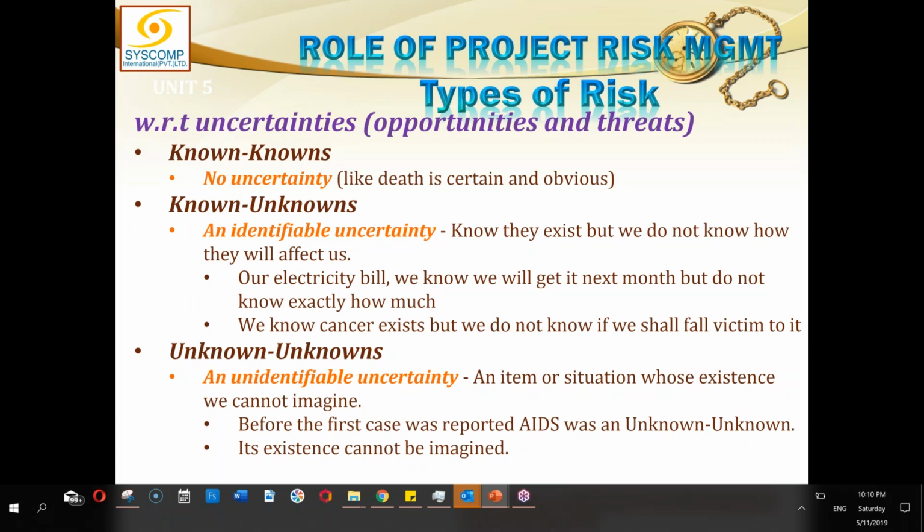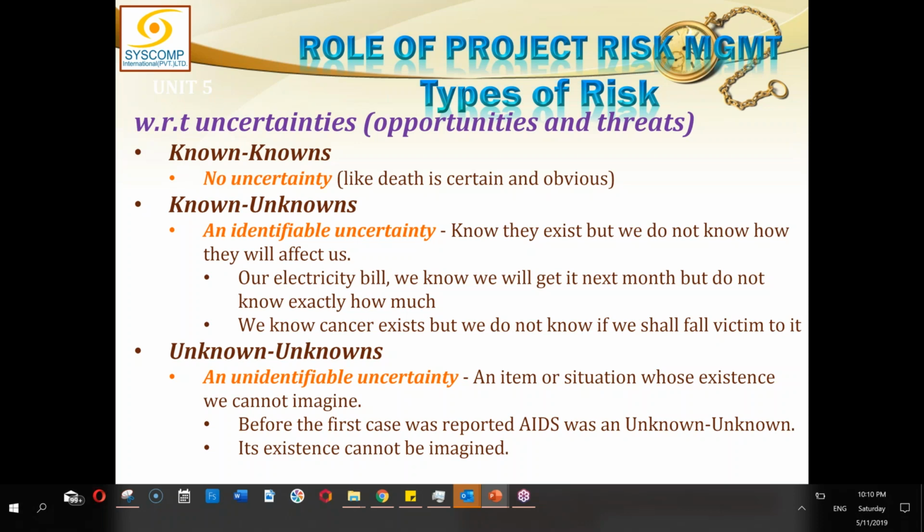Those risks do exist, but naturally, I am not really certain about when that risk will occur. But I have a fairly good idea. For example, death is certain and obvious. Everyone has to die. Now, I don't know when I am going to die, but naturally, this could indicate certain things which I am doing.